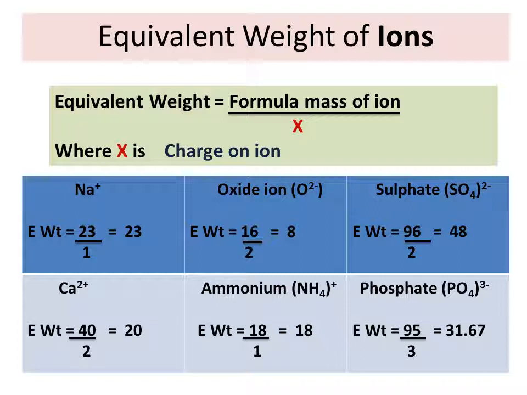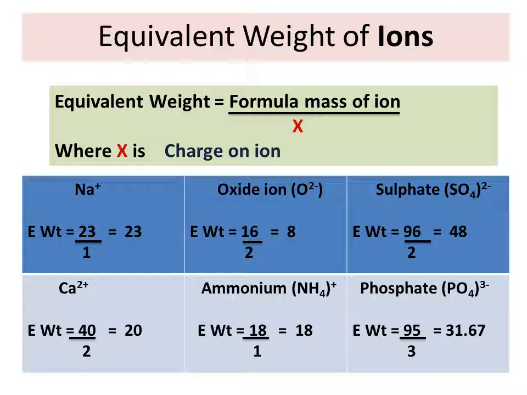The simplest one is Na plus. So the Na plus ion, sodium positive ion. Equivalent weight we can find, formula mass of the ion is 23. Sodium has mass of 23, and the number of charges present on the sodium ion is 1. So 23 divided by 1. So equivalent weight of sodium in this ion is 23.